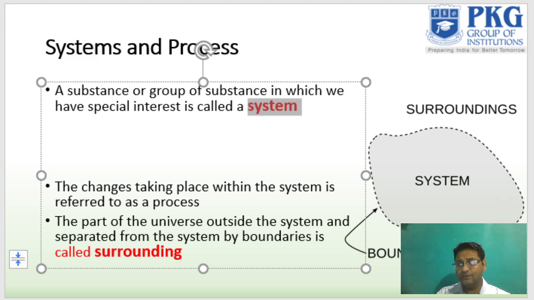You are seeing this, which is bound by this boundary. This is a system. It is the part of the universe set apart for our special consideration. It may be a reaction vessel, a distillation column, or a heat engine.